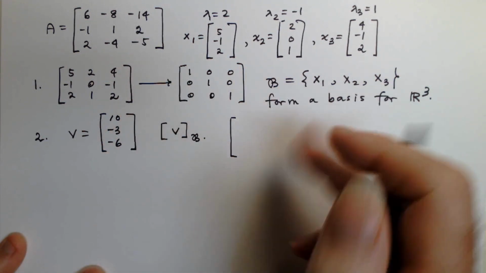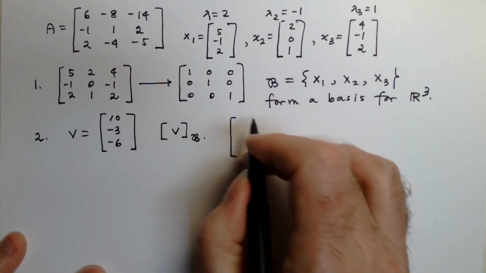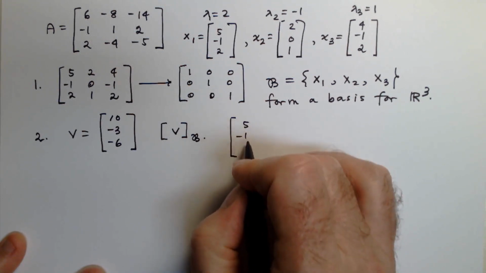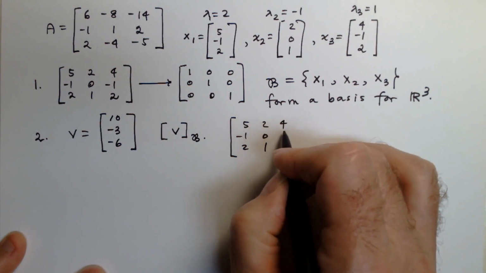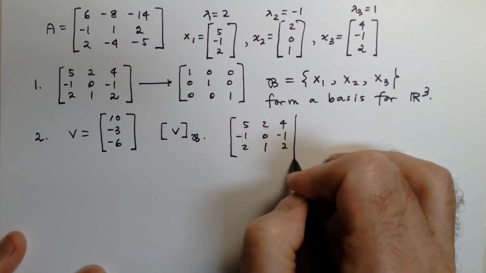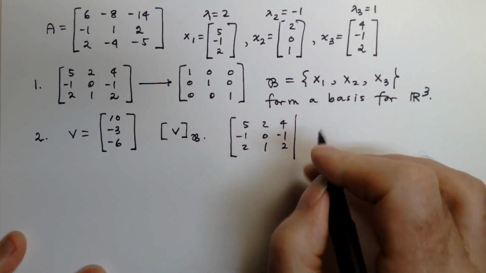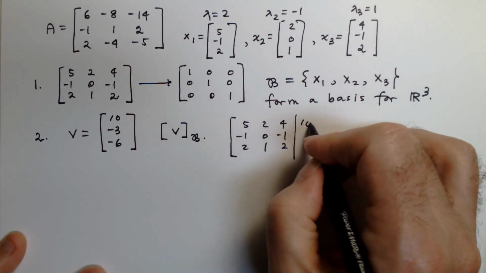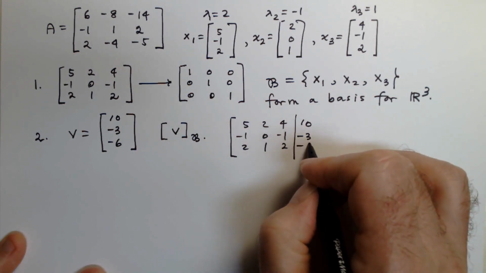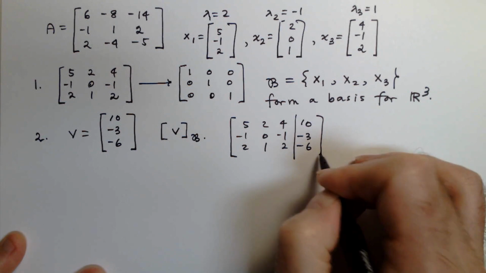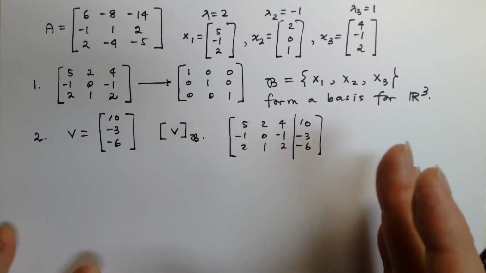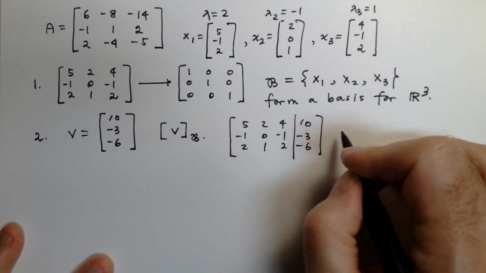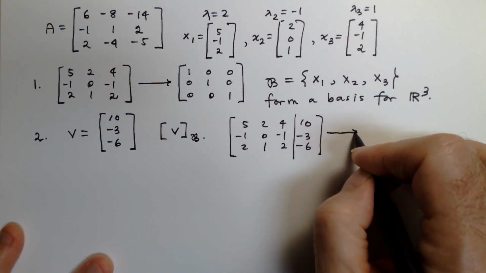We're going to feed our basis vectors in as columns, and we'll augment this by the vector v, and we'll take this down to its reduced row echelon form. Now, we could equivalently do this problem by matrix inversion, but this is simple enough. We're going to row reduce this.